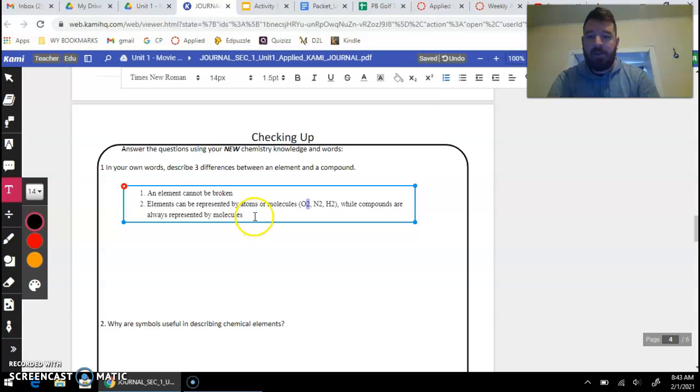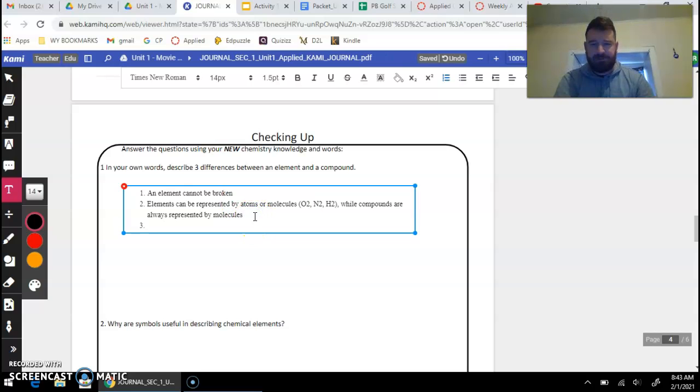And then lastly, elements are shown or represented with symbols, while compounds are shown with formulas.